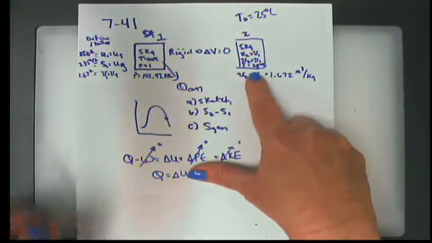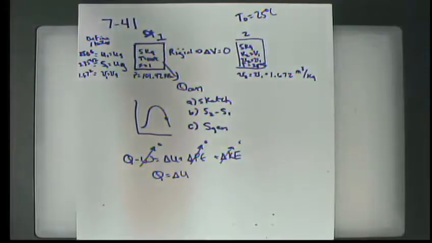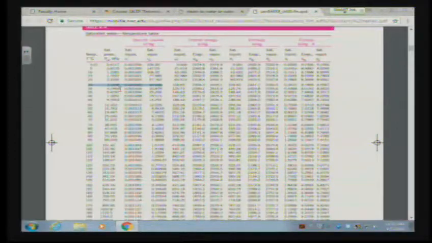Now I'm trying to fix my state on state 2. If I look at 25 degrees centigrade and I look at my V values, look what I have. My V is in between this and this, isn't it? So that means, even though we lost heat, we are in the two-phase region, but we're not at x equals 0 or x equals 1.